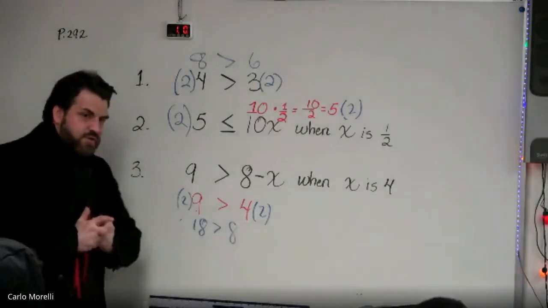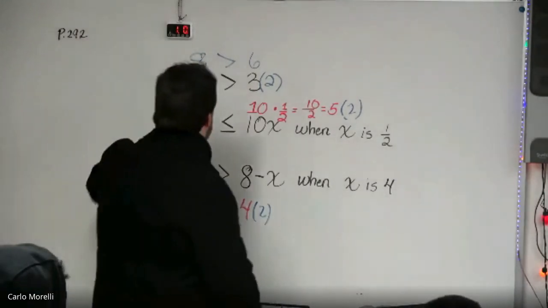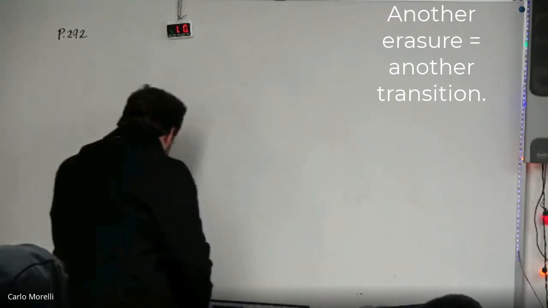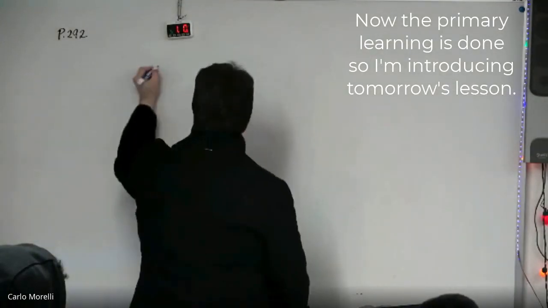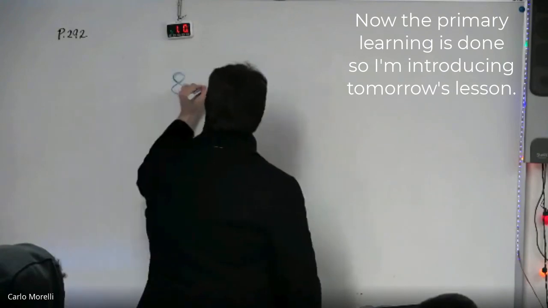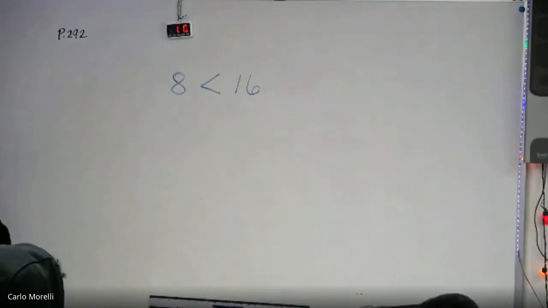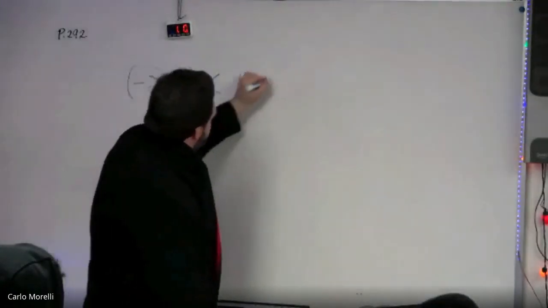Okay, now I want to show you an example of where this breaks down. And this leads into what we're going to study next, which is the division property. Watch this closely. 8 is less than 16. Is that true? Yes. Now, what if I multiply it by -2?